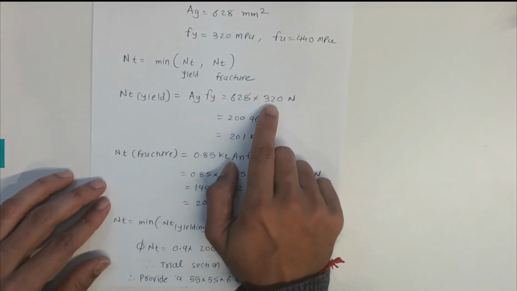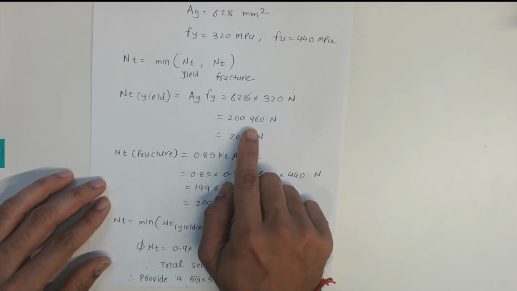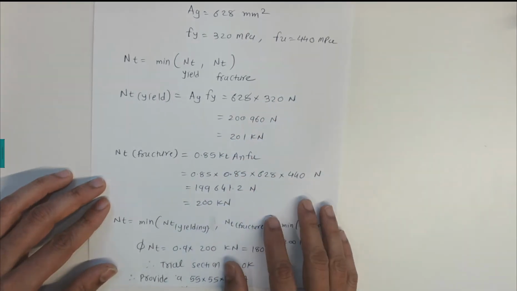So 628 times 320, divided by 1000, is roughly 201 kilonewtons.